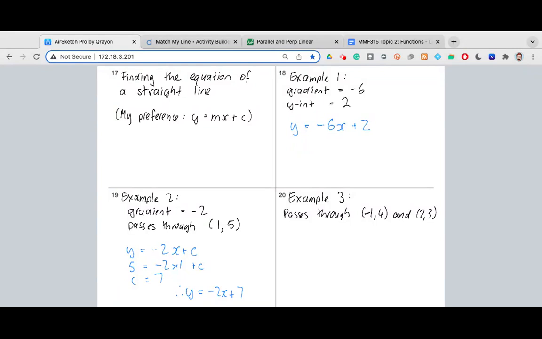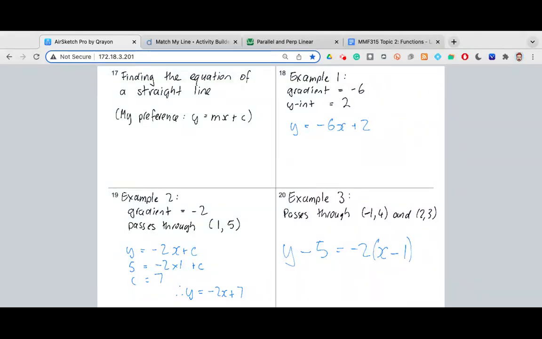Okay, all good? All right, FYI, because you're not used to it, I'm just going to show you how easy it is in point gradient form. This is not example 3, this is still example 2. I could have gone y minus 5 equals negative 2 outside of x minus 1, and that would be an acceptable answer as well.